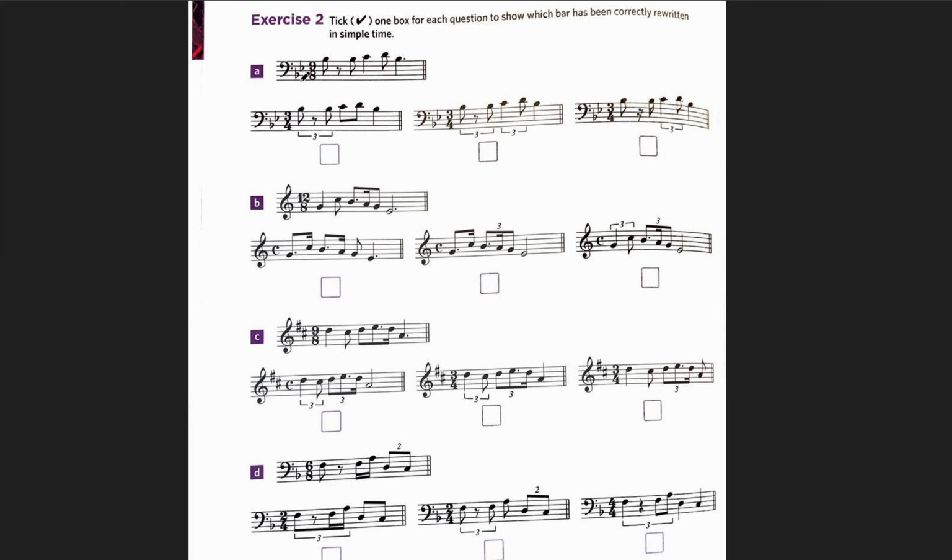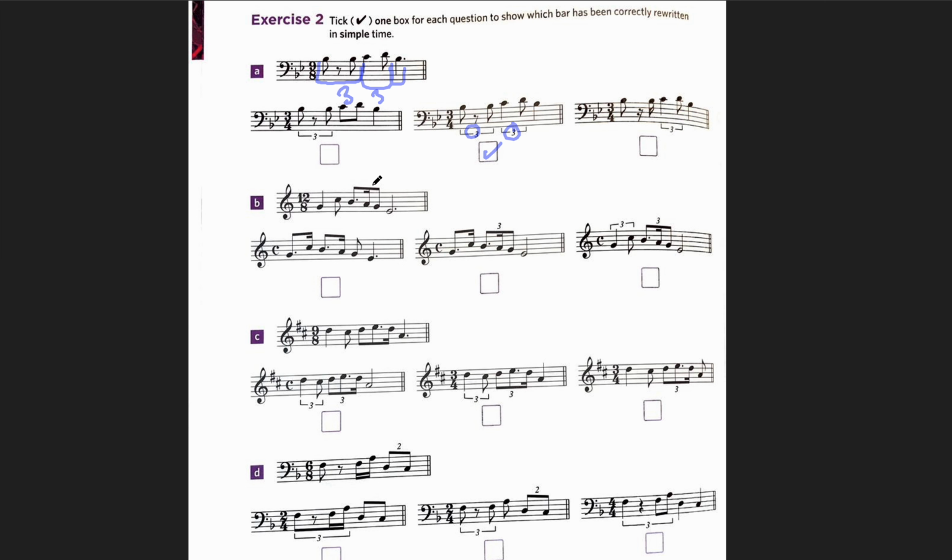So this would be a group, and this would be a group. 3, yes, and that's a group. So we're looking for 3 quavers, and we have that, and then these 2 have to be triplets if we want to be in simple time. And yes, we do have 2 triplets here, and not a triplet here, not a triplet here, so this must be the correct one.